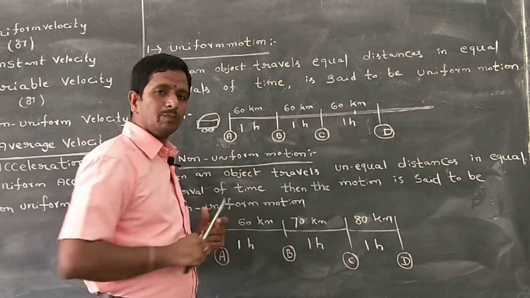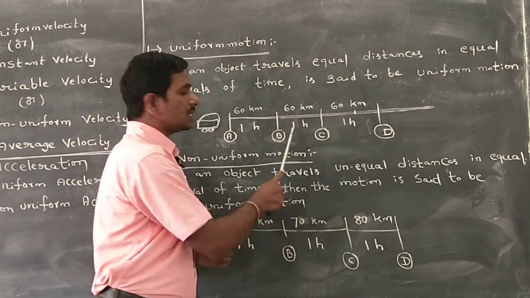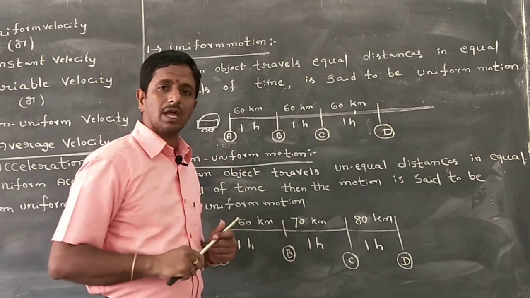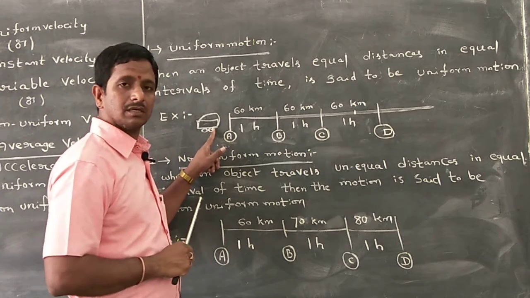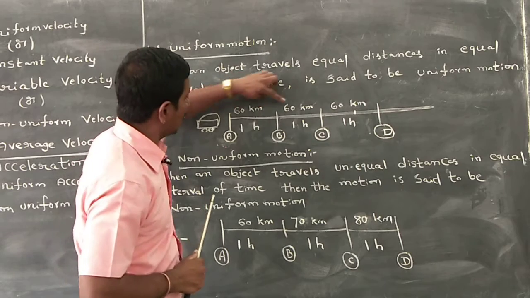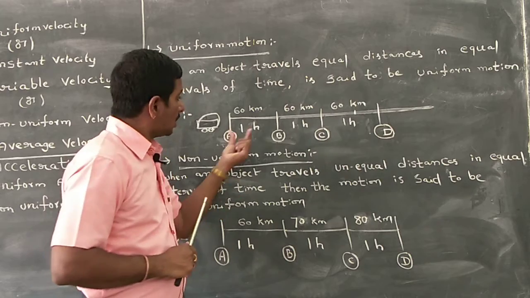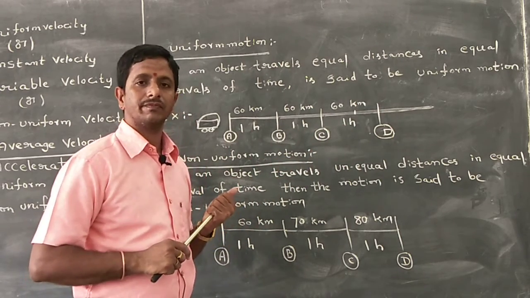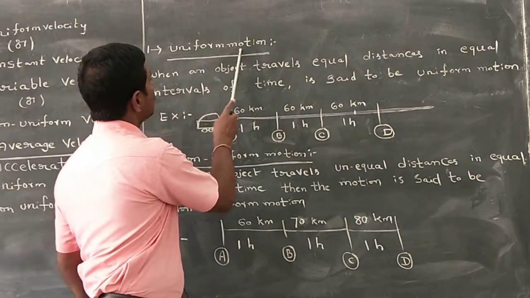From A to B it took 1 hour, from B to C 1 hour, and similarly from C to D 1 hour. The meaning is that an object covers equal distances in equal intervals of time. Such a motion we call uniform motion.